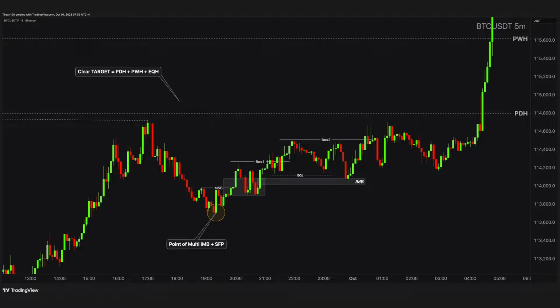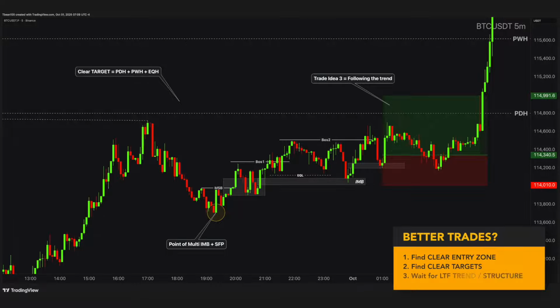Lastly, you can keep trading the structure breaks all the way until our targets are taken out. Because at this point, we already have a clear target. We have a clear entry zone. And all we need to do is wait for an internal lower time frame structure shift that points us toward our targets.